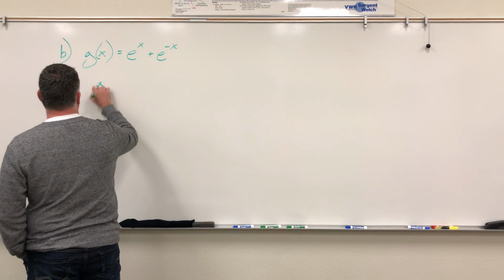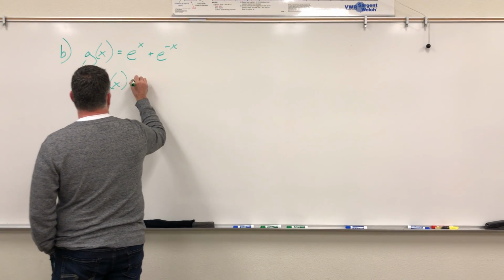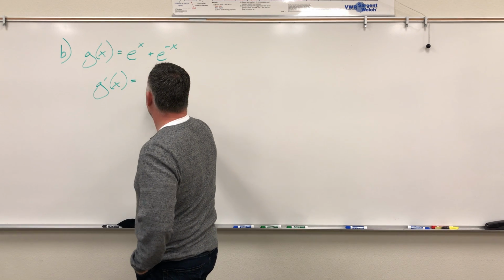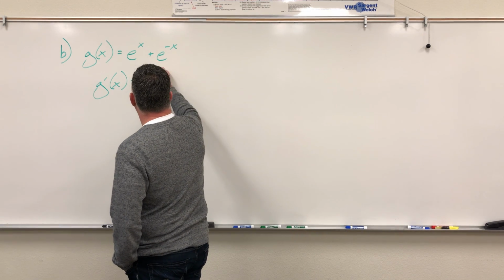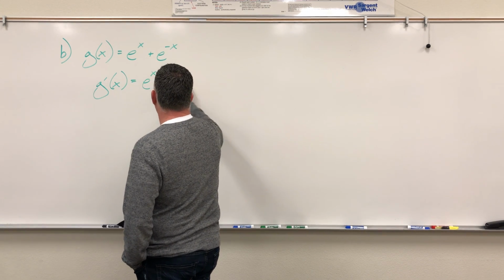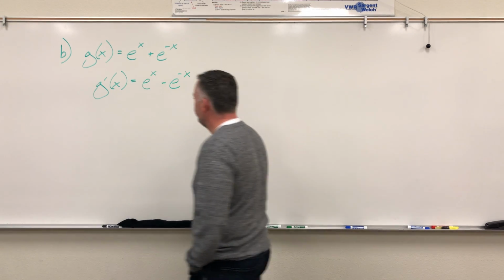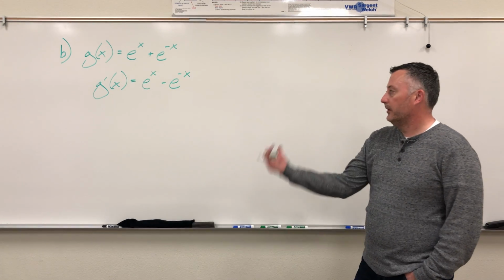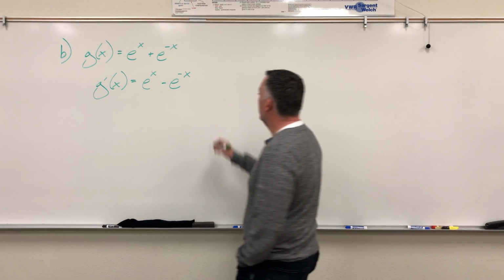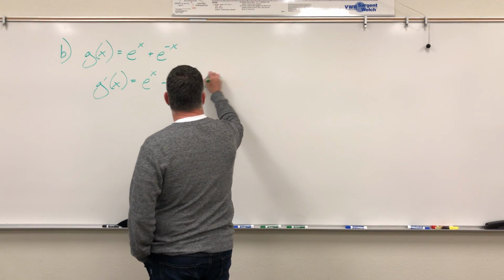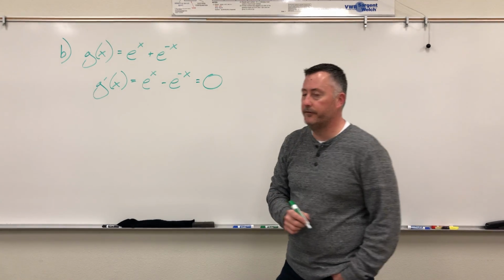So we need our derivative. So the derivative of our function is going to be e to the x minus e to the negative x. So now we set it to 0, and then we can solve for x.